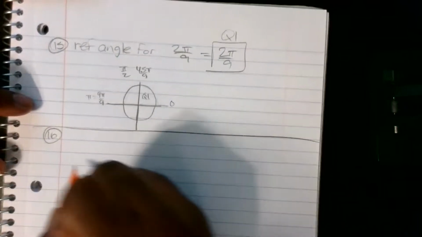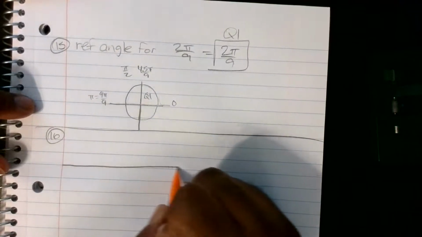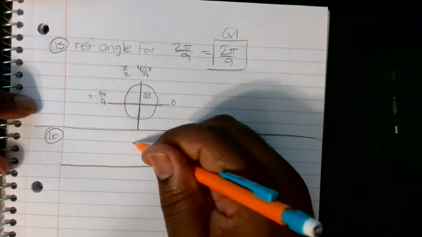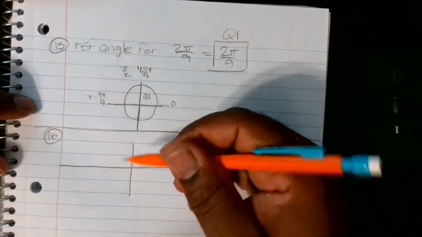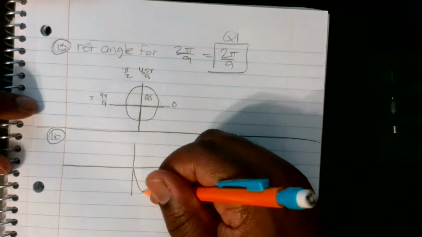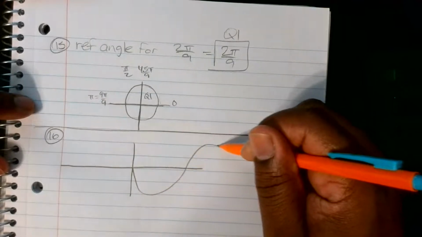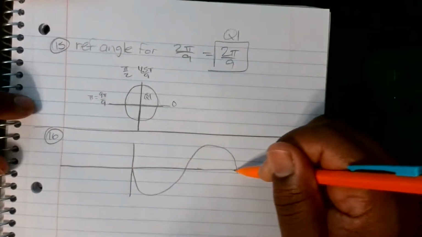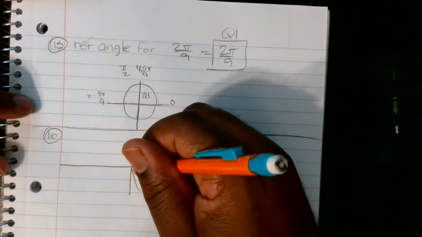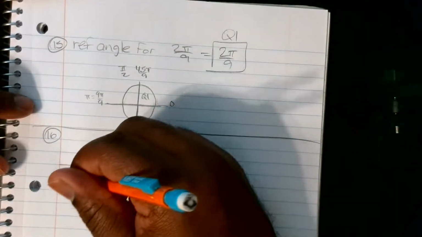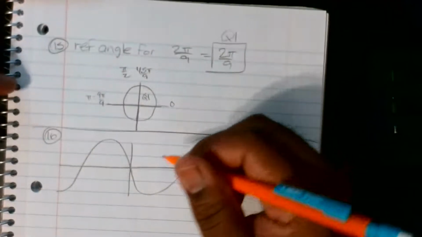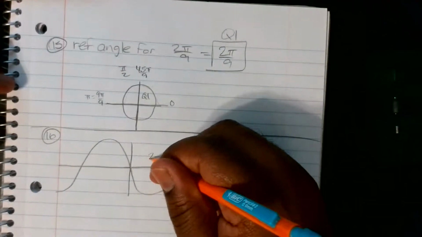All right, for this problem, I'm going to sketch a graph. That looks terrible. All right, and this is 2 pi.